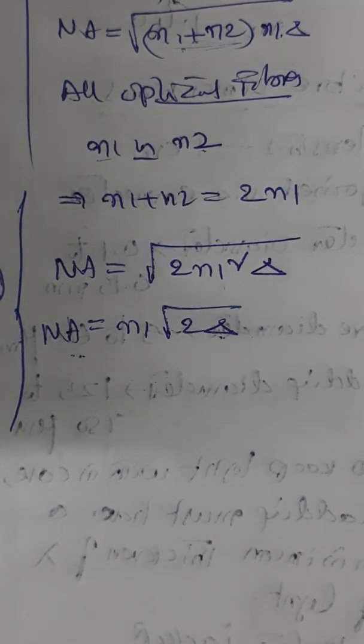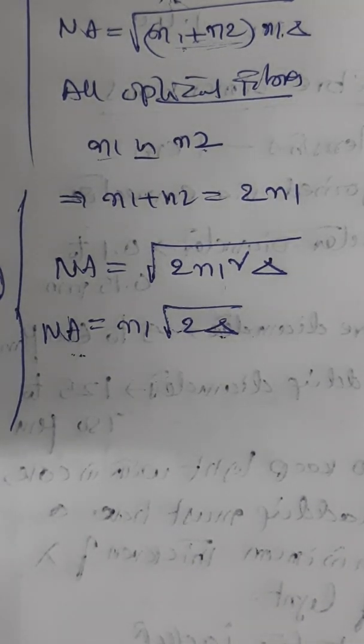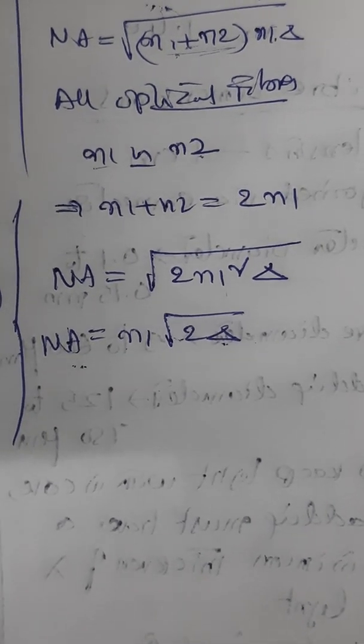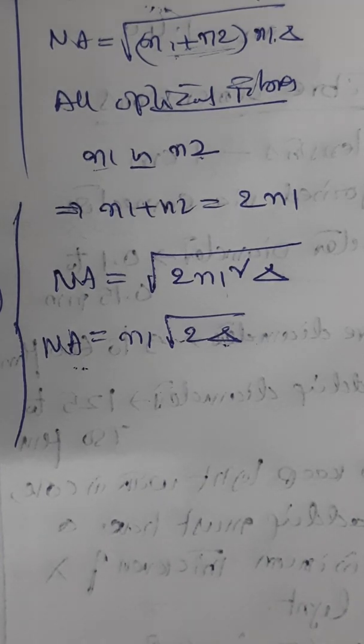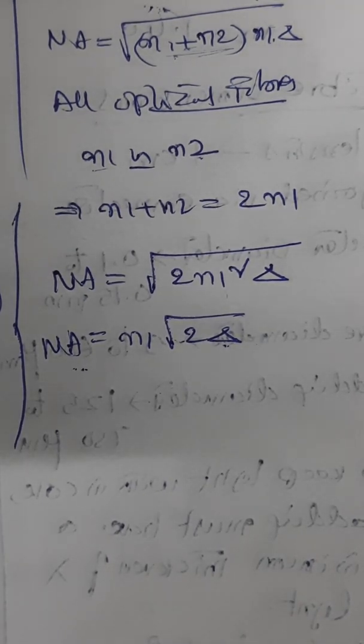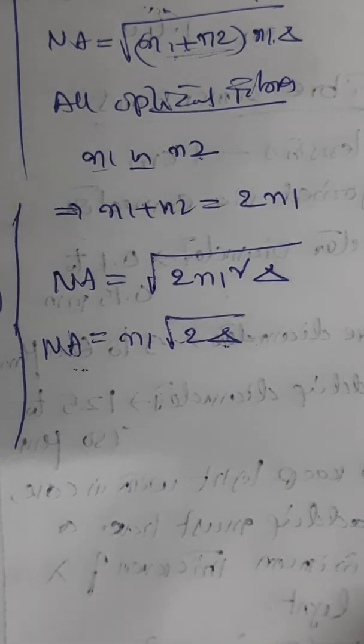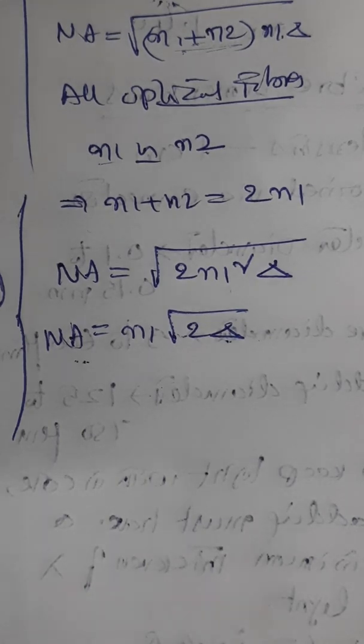So now we have seen acceptance angle, acceptance cone, and numerical aperture in optical fiber. Maybe in the next session we shall focus on understanding types of optical fibers like step index optical fibers, graded index optical fibers, etc. in the next session. Okay.